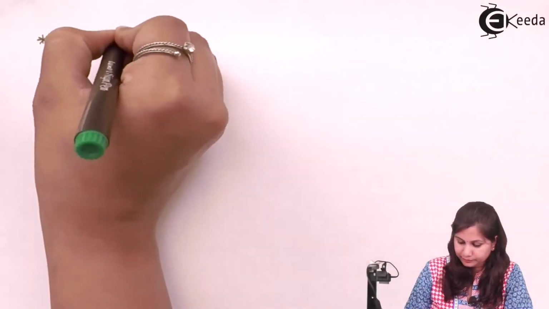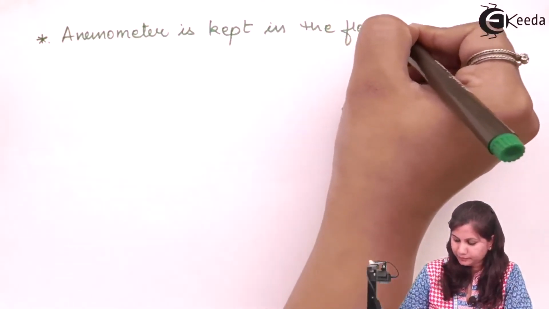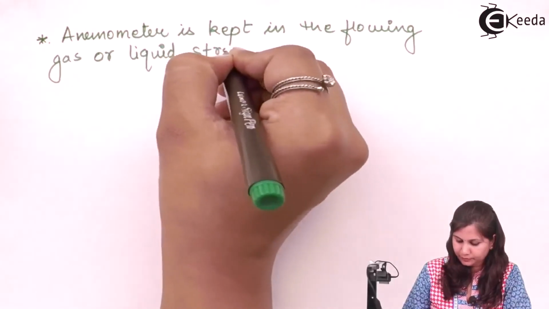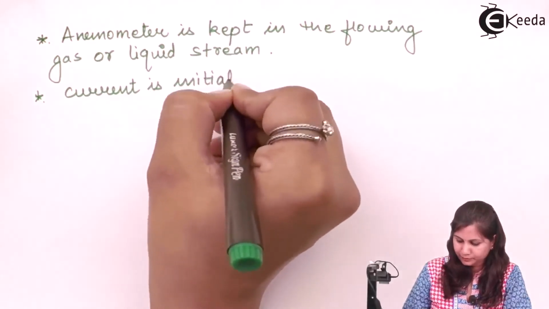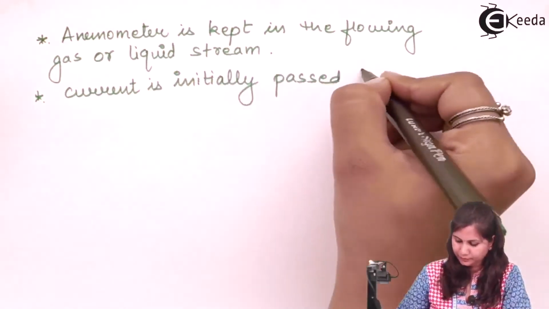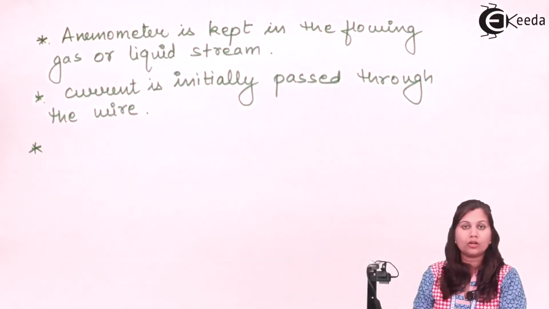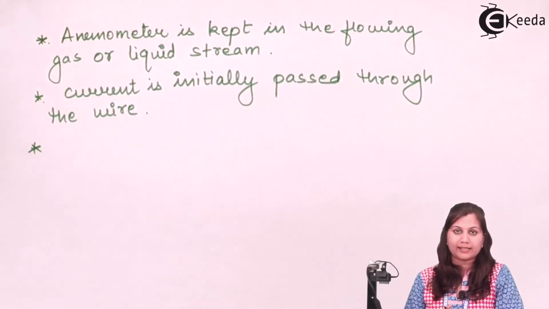Again, the anemometer is kept in the gas stream or the fluid stream whose flow rate we want to measure.